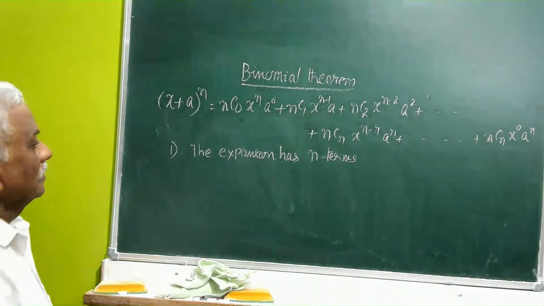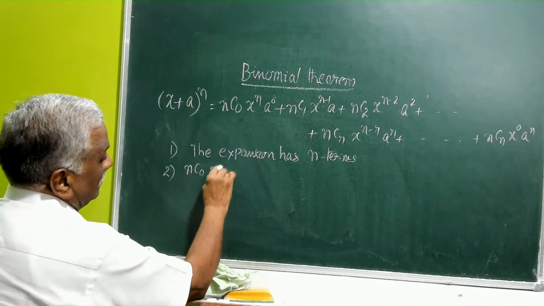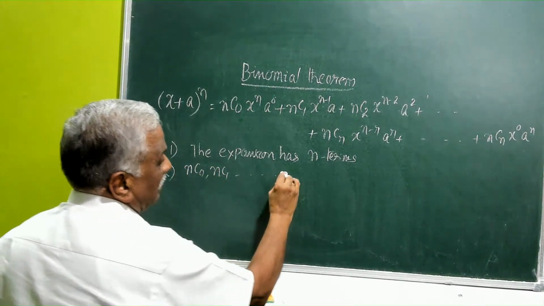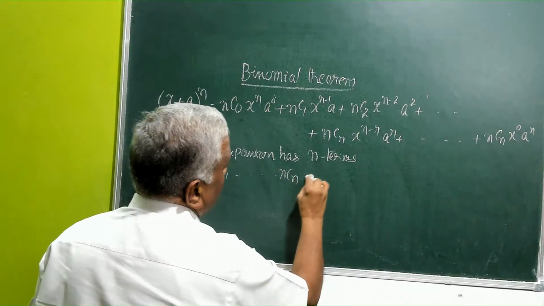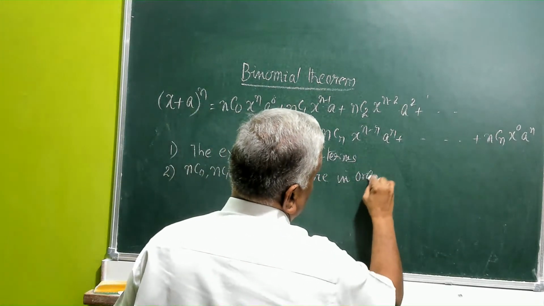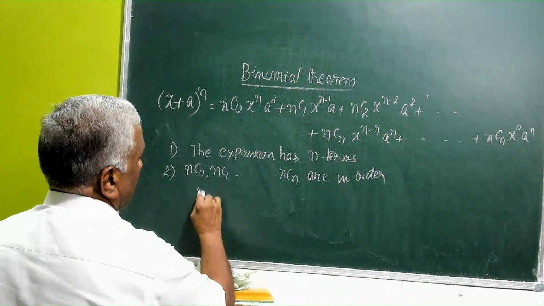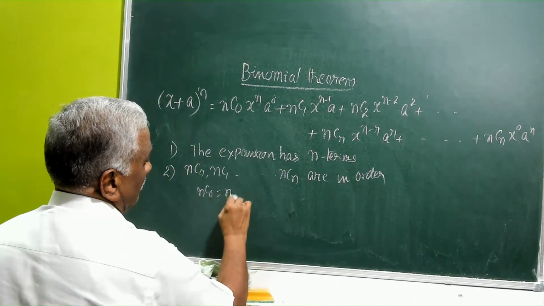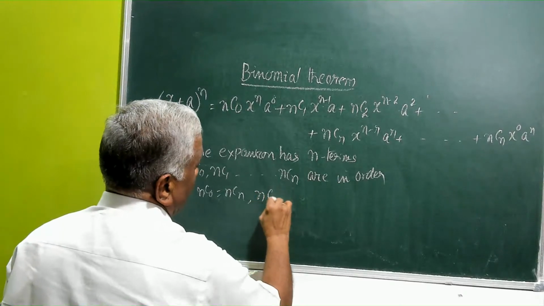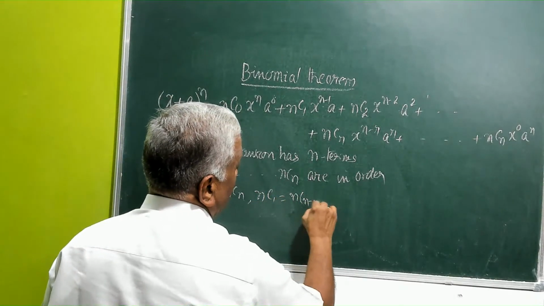Now, what do you notice? nC0, nC1, etc., nCn are in order. And you also know that nC0 is nCn, nC1 is nC(n minus 1).